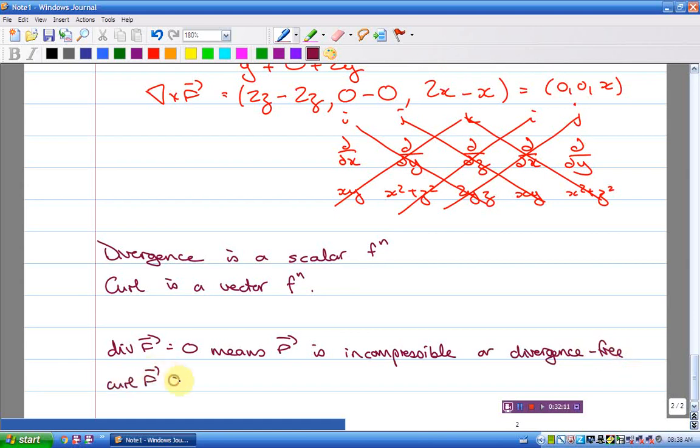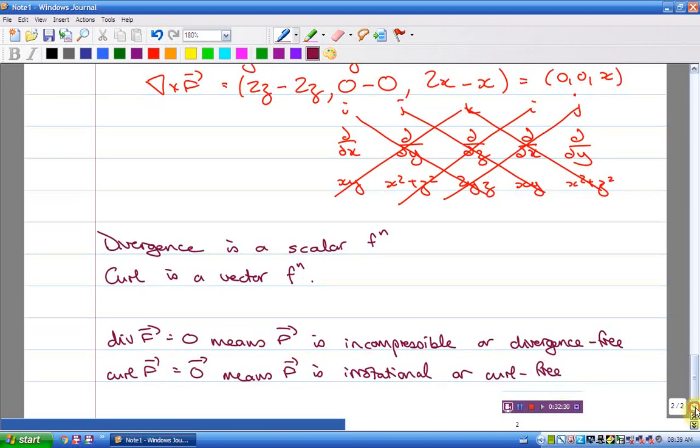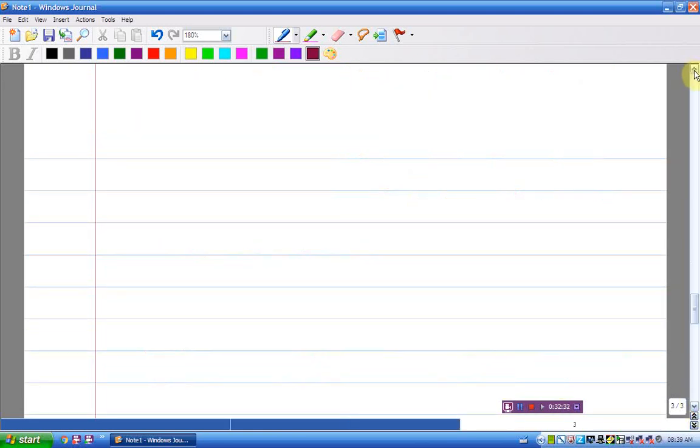If curl f is equal to 0, and notice how the one 0 is just a 0, but the other 0 is the 0 vector, means f is irrotational or curl free. Okay, I'm going to do a page jump, but I will scroll back.